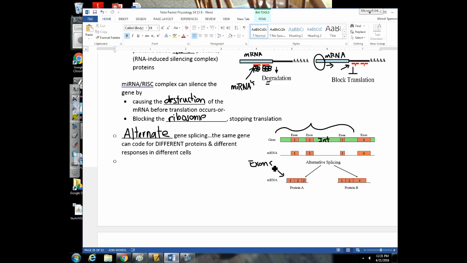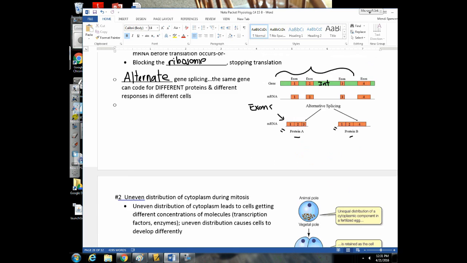If the exons are spliced together in this arrangement, you get this protein. But if they're spliced together in a different arrangement, then you get a different protein, all from that same gene. So again, we can have different proteins being built in the cell. So we're getting a change in gene expression, and this can happen due to different signals in the environment, or different cells expressing or making different proteins according to the same gene.